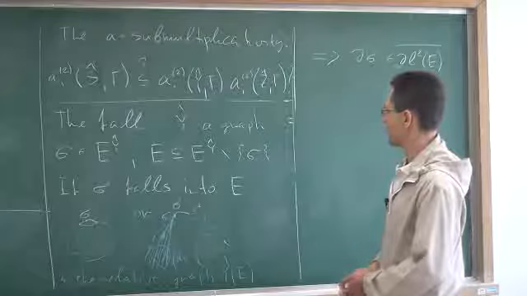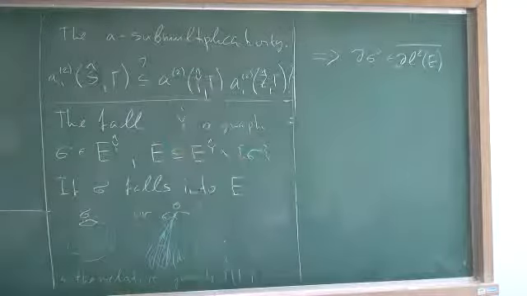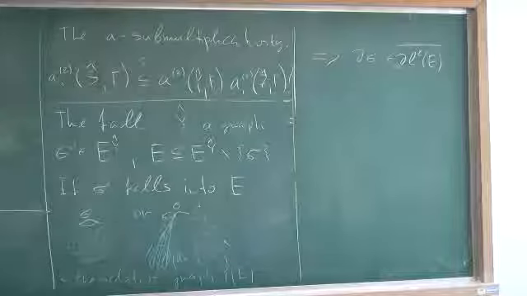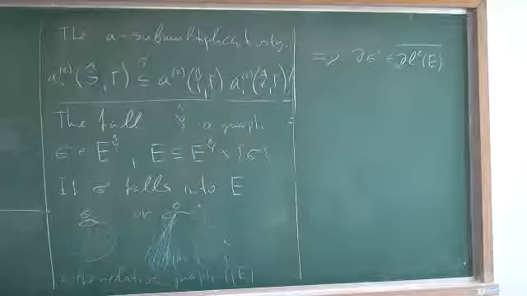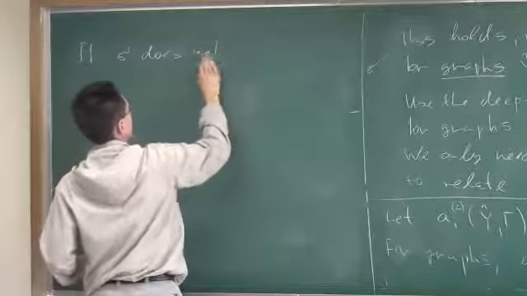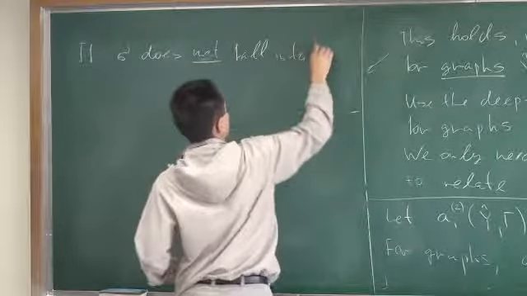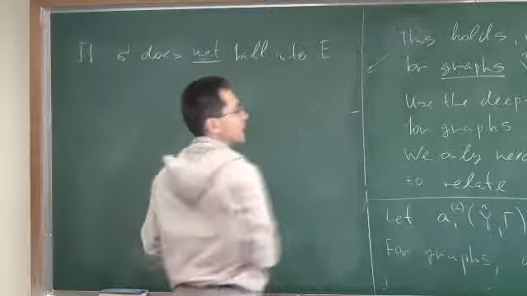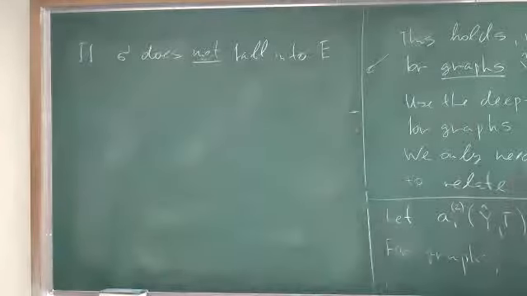Okay, what if it doesn't fall? Then what happens? If sigma does not fall into E, what do we have? It means the opposite of this situation.